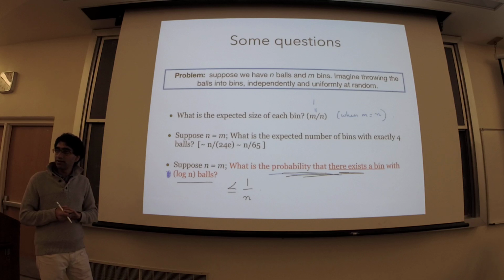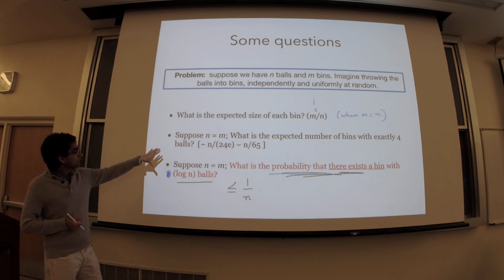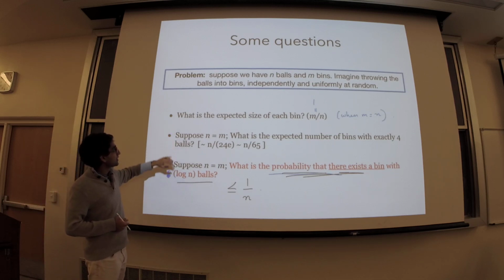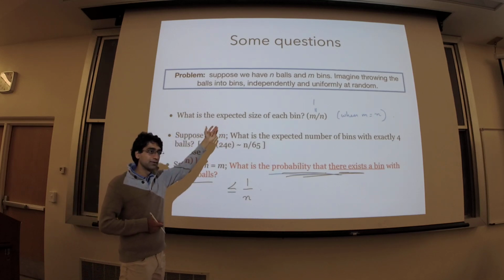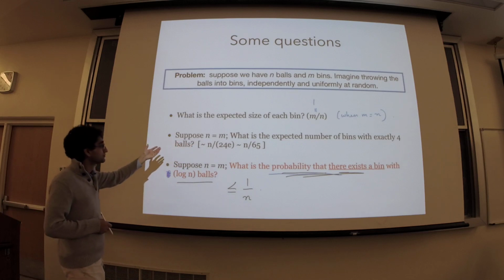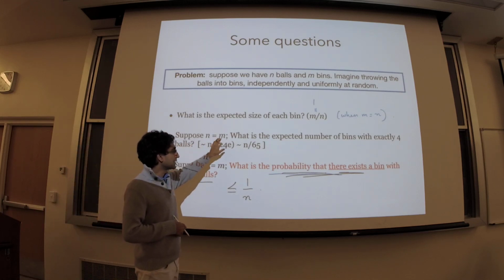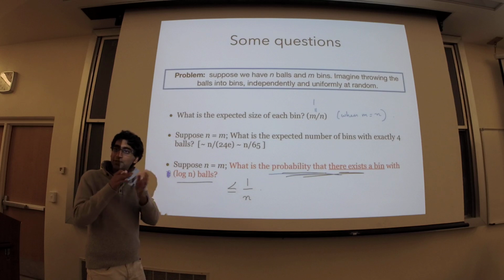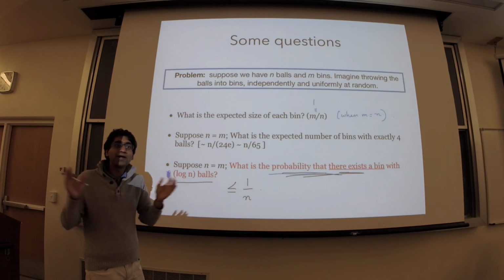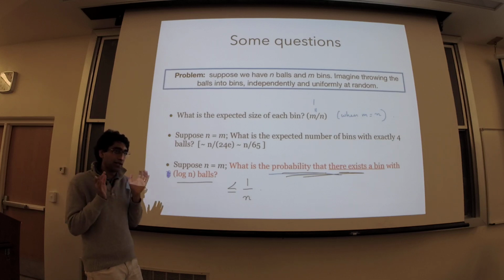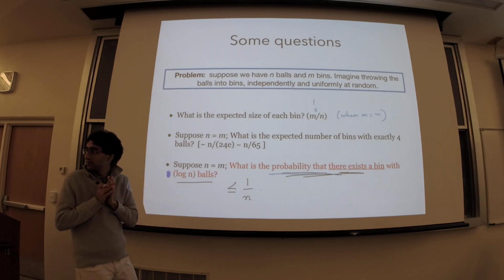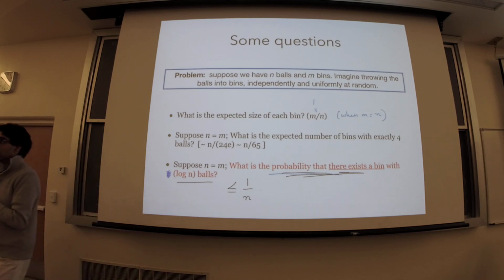And it fits into this narrative, right? In some sense, the expected size of each bin is 1, and there are some bins that have 4 or 5 balls, but no one has too much. So no bin has more than log n with a pretty good probability.